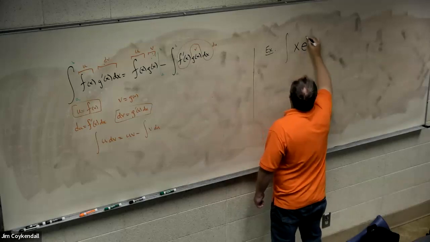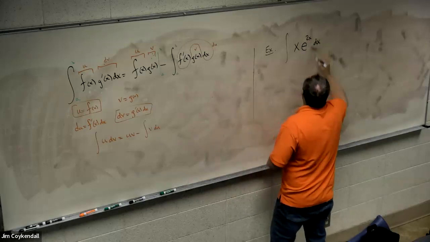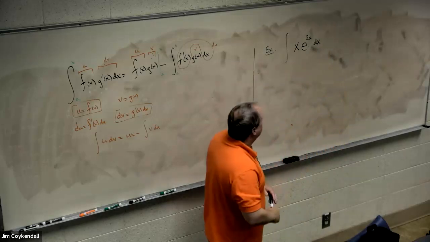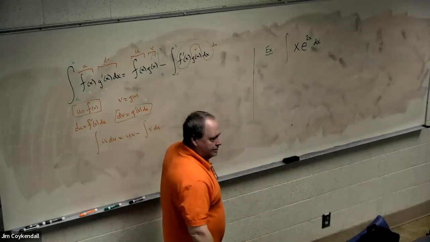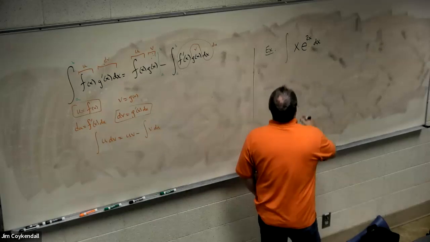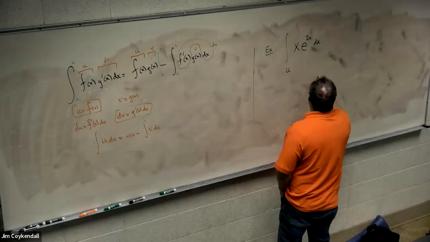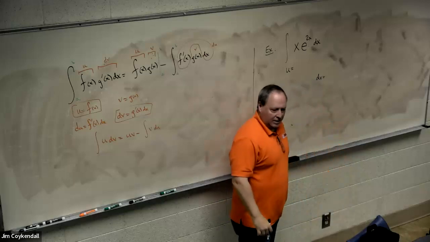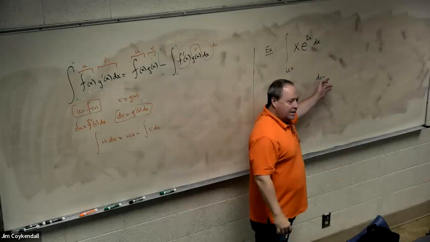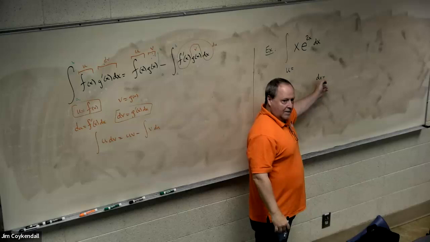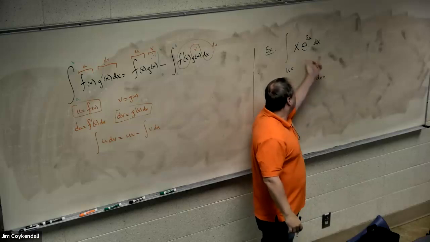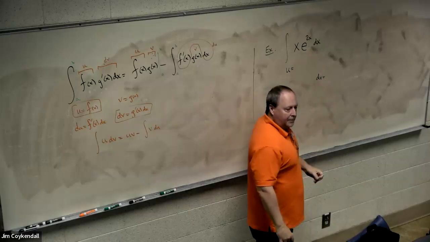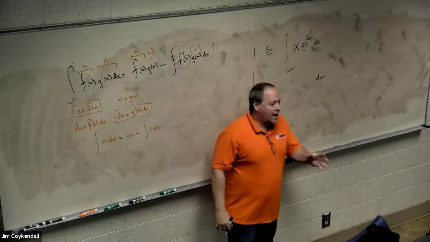I want to do this. A couple of gut checks along the way. I like to pick my u and my dv so I know that I've done this in a way that makes sense, if when I put the u dv back together, I get the thing on the right. Now, how do you pick?